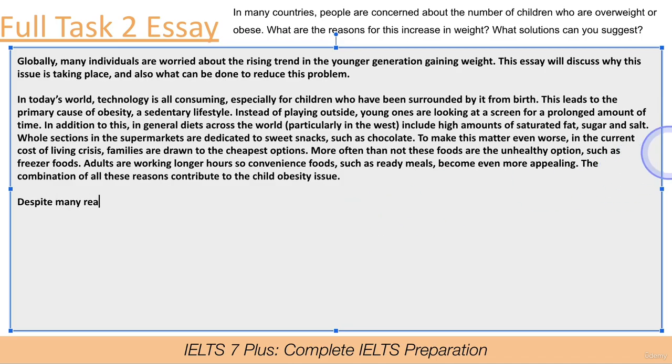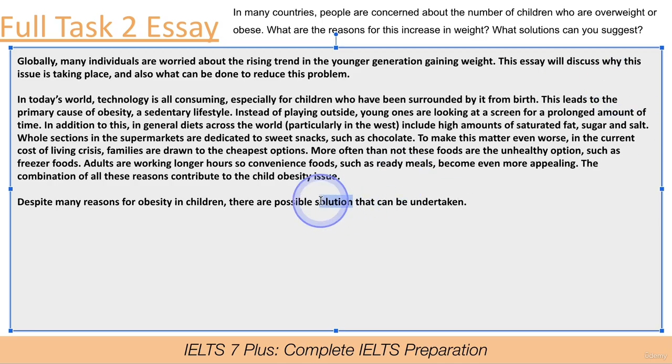Despite many reasons for obesity in children, there are possible solutions that can be undertaken, or possible strategies to combat this that can be undertaken.